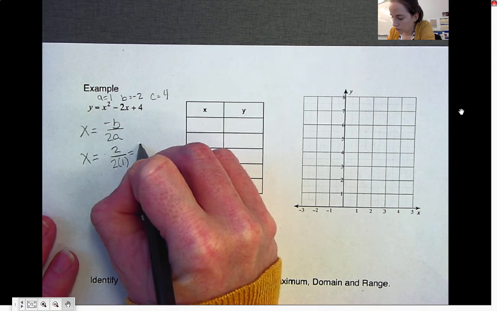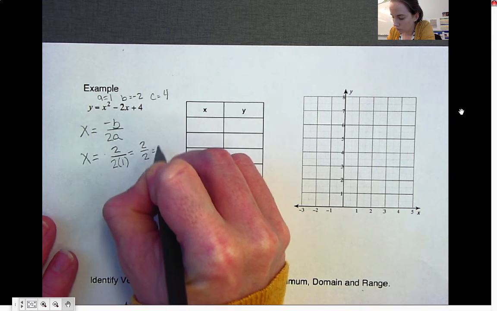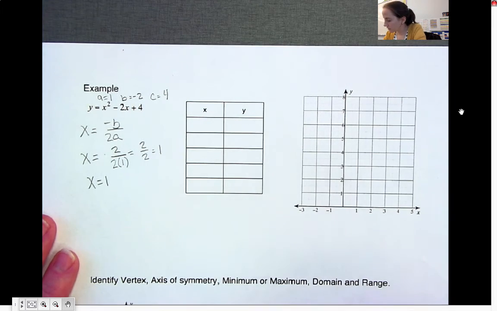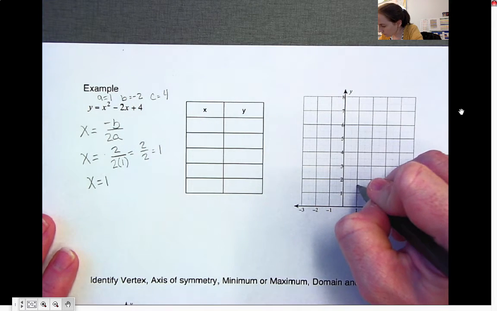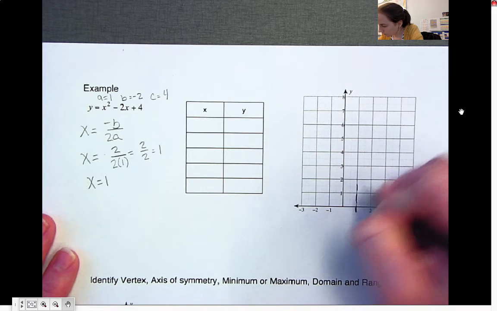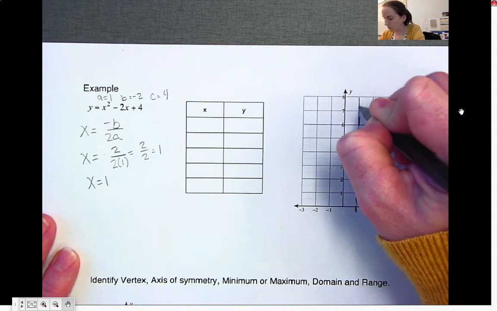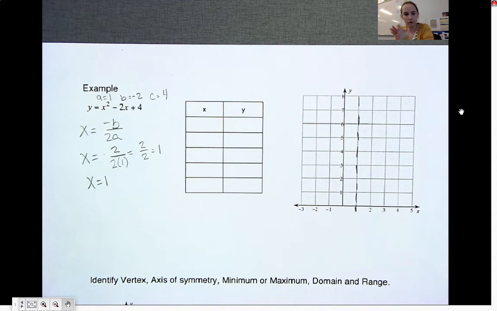So 2 over 2, which is just 1. So x equals 1. That is our axis of symmetry at x equals 1. This is the line that our parabola will be able to be folded over. So it's where our vertex is.